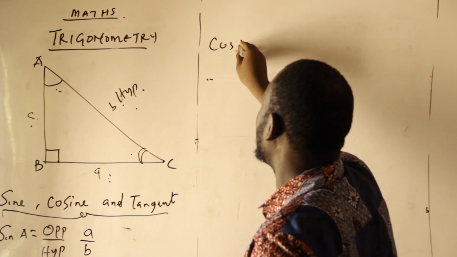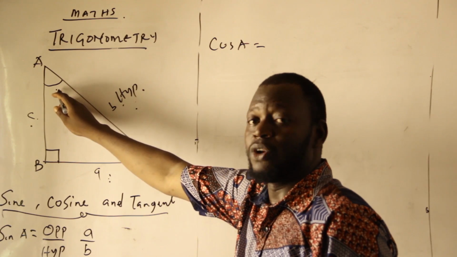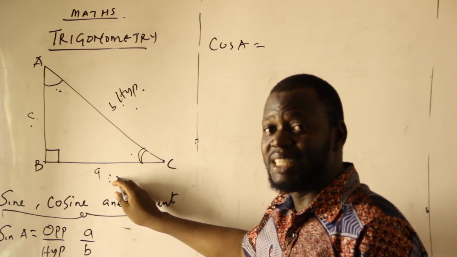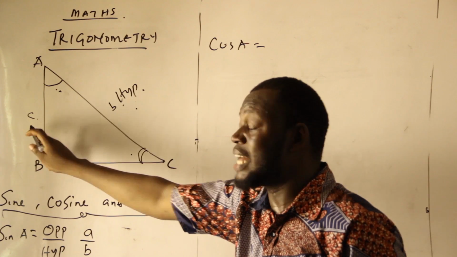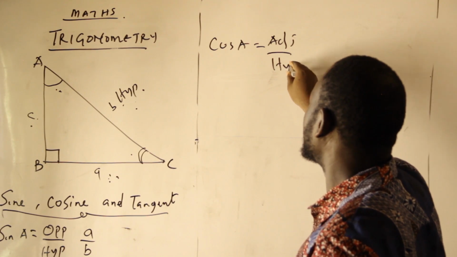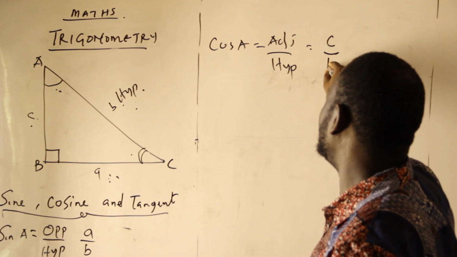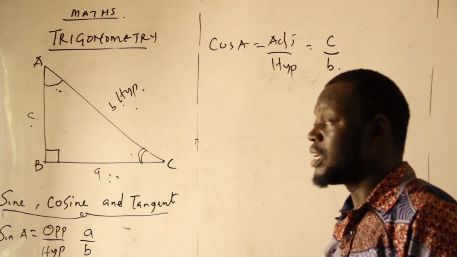Cos A, we are still on A. If this is your opposite, definitely this will be your adjacent. That means we have adjacent over hypotenuse. Our adjacent is c and our hypotenuse is b. Please note this.